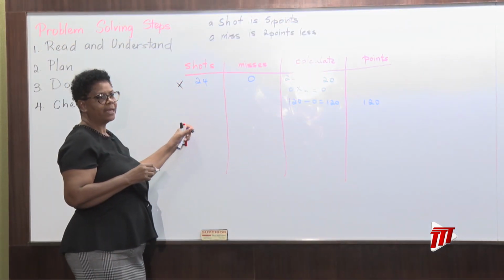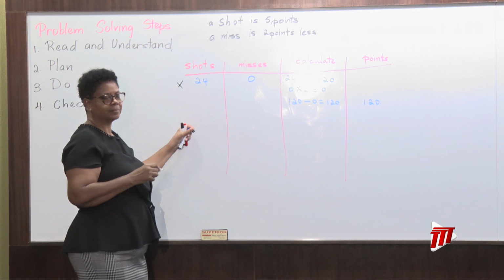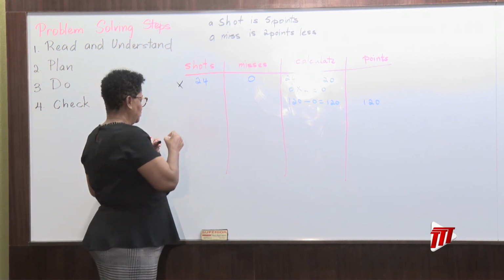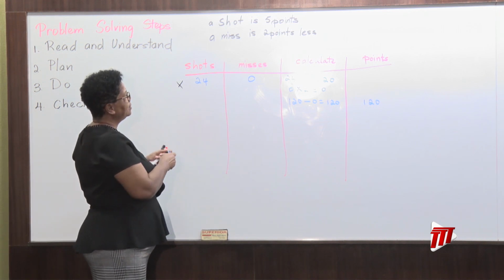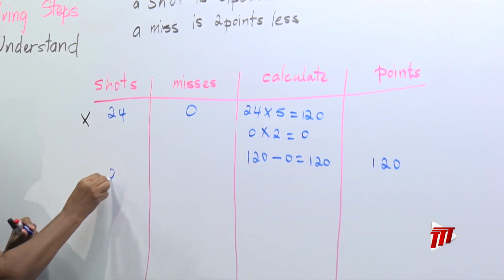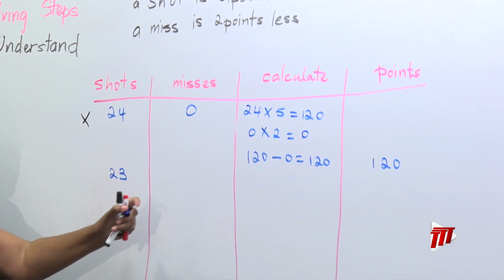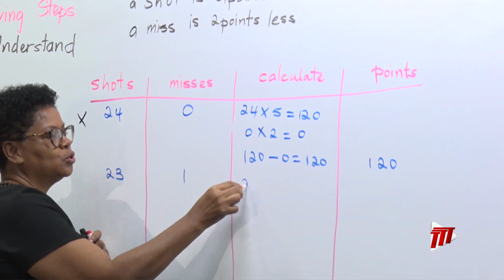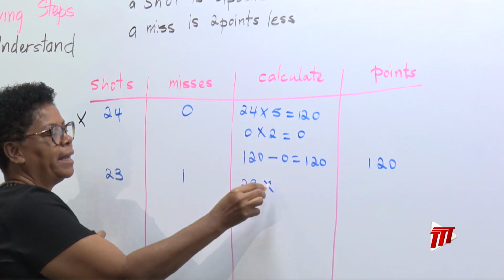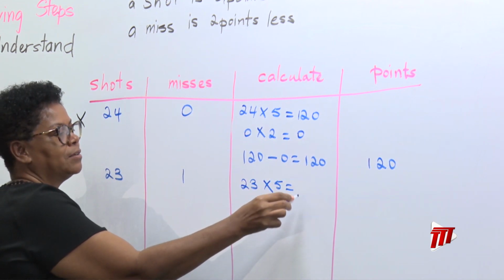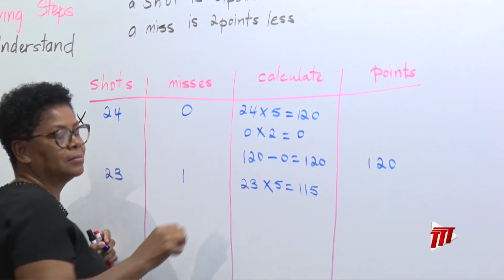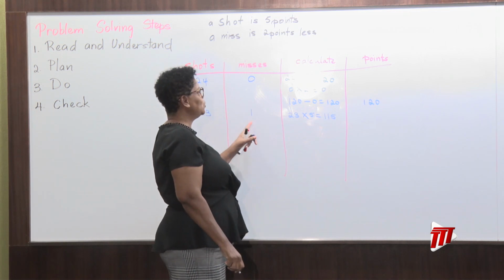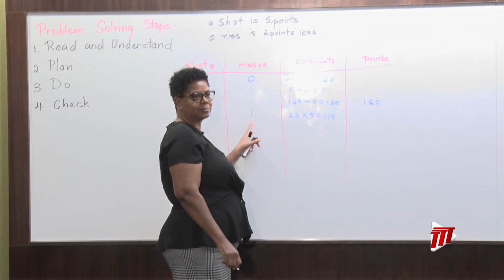So we're going to try 23. So if she made 23 shots, it meant that she would have missed 1. And 23 multiplied by 5 is going to give us 115 points. It meant also that she would have missed 1.